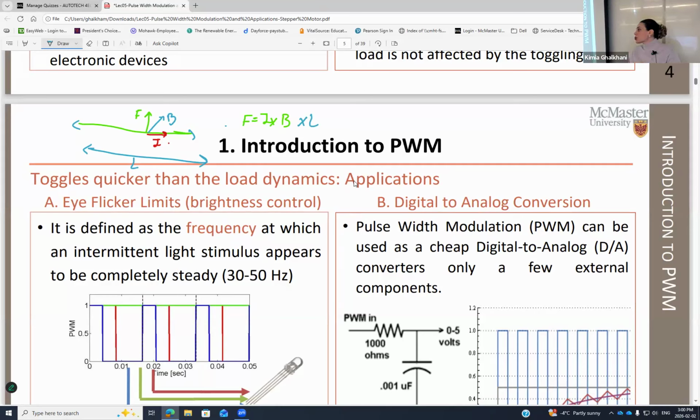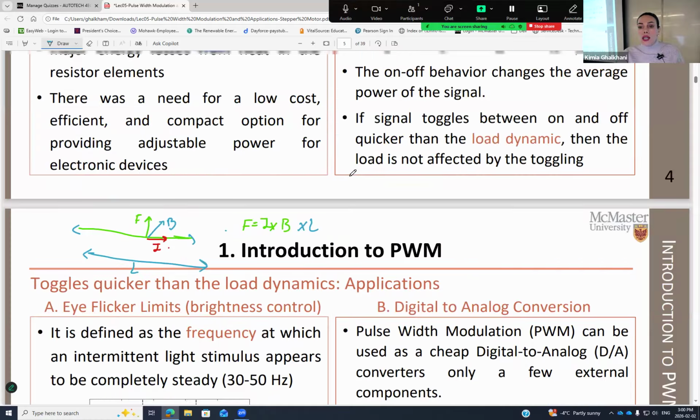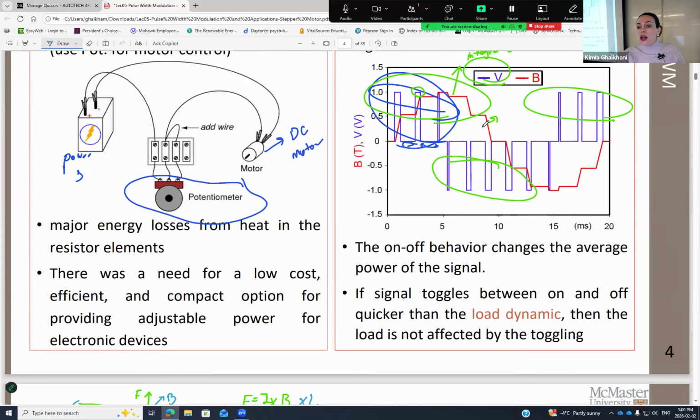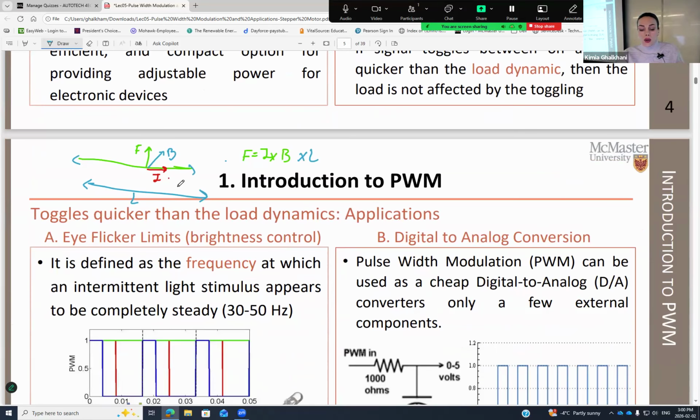Why I'm bringing this to your attention: in the previous example, I said this is going to be an inductor. You know, an inductor is a wire, right? An inductor could be a type of wire. Therefore, the current, which is the integral of this voltage, is the way we can calculate it. So remember, current is always perpendicular to the magnetic field.